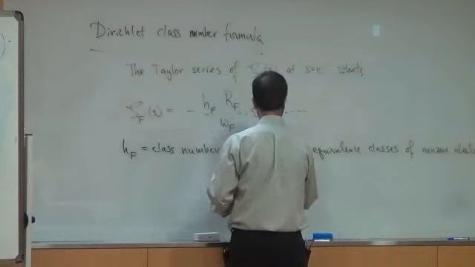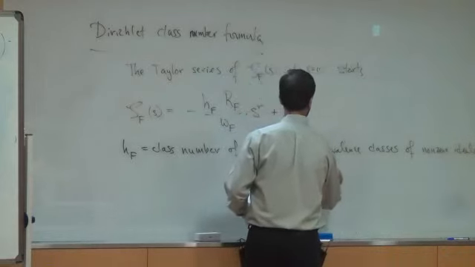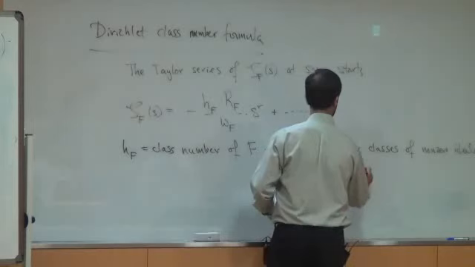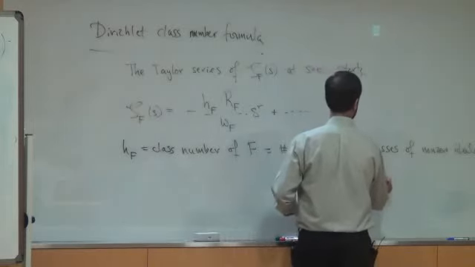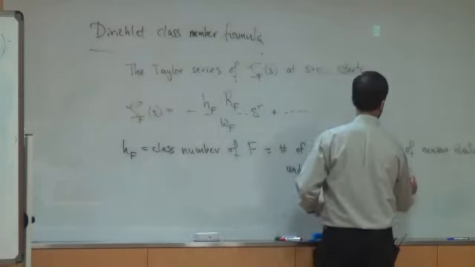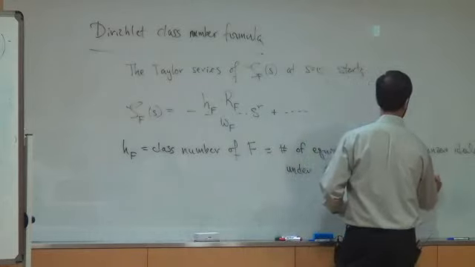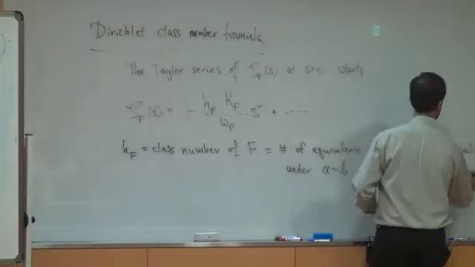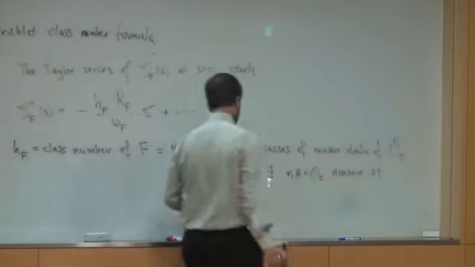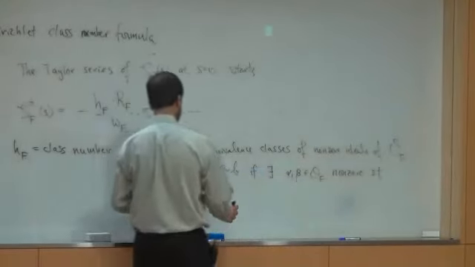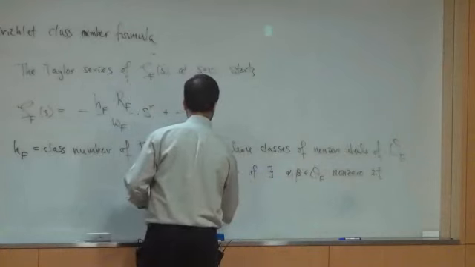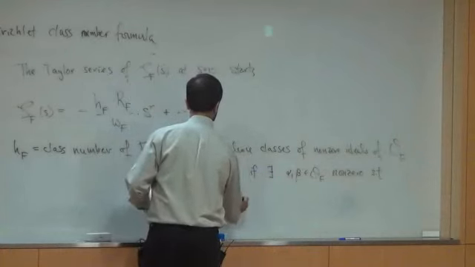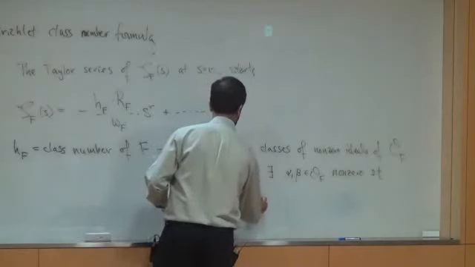Okay, so we'll say that two ideals A and B are equivalent if there exist non-zero alpha and beta in O_F such that if I multiply A by alpha and B by beta, then I can get them to be equal.